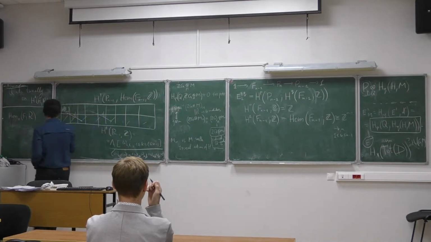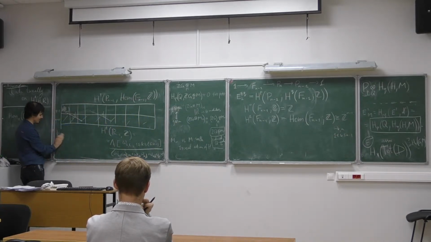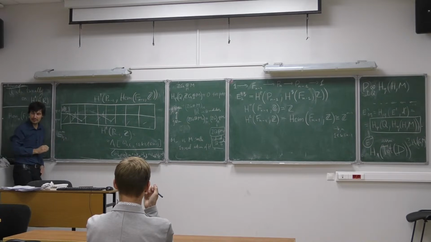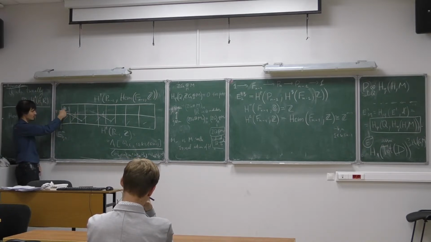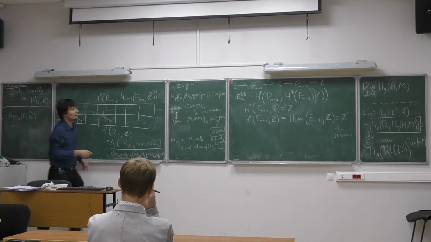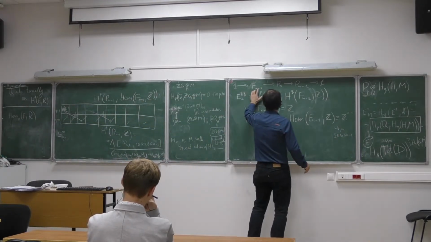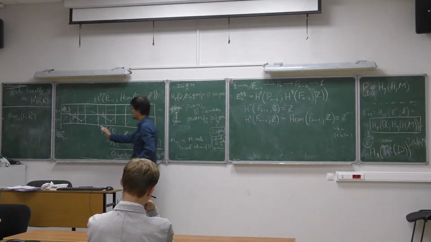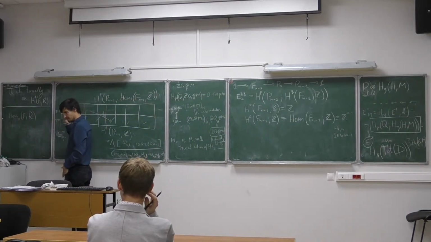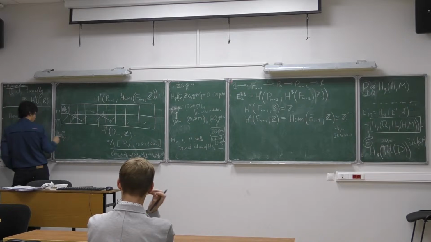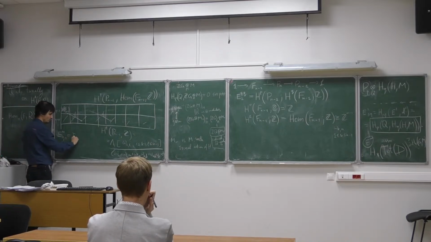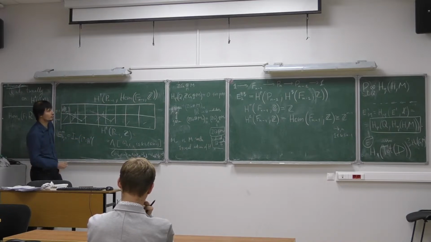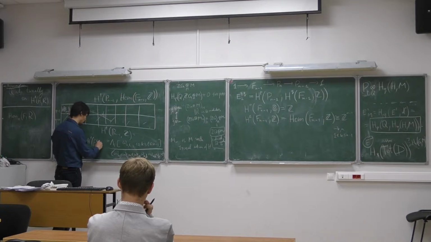So the group which stands here at the end, E infinity 0,1, is exactly the image of the map from the cohomology of this group to the cohomology of that group induced by I.